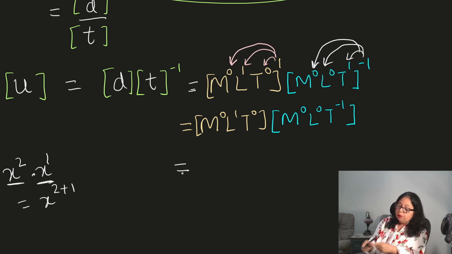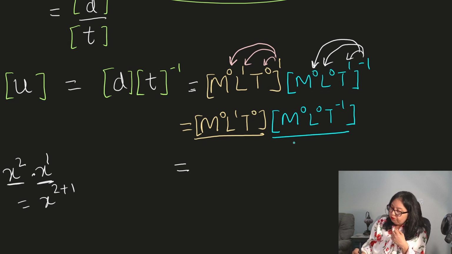Same thing will apply here to our dimensional formulae. This dimensional formula for distance is multiplying the dimensional formula for time inverse. And in each of these, there are these symbols here now. They're not exactly variables, but they're still symbols. So you're going to apply the rules of algebra here now.